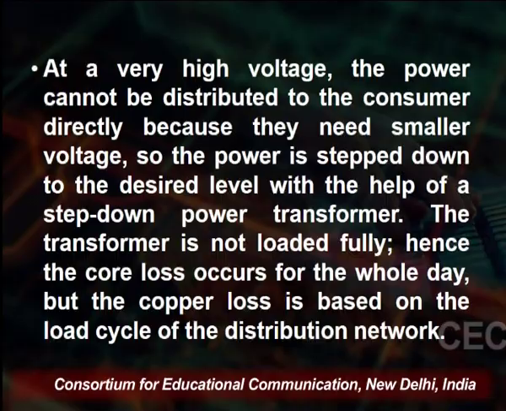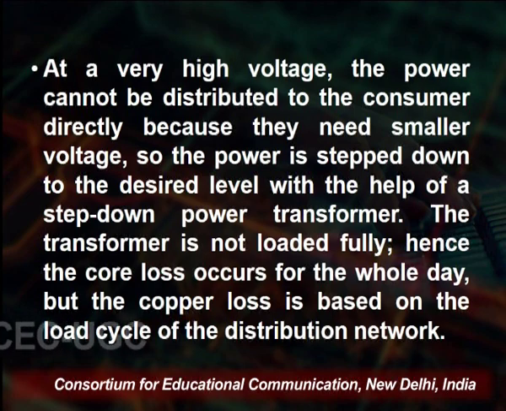The transformer is not loaded fully, hence the core loss occurs for the whole day. But the copper loss is based on the load cycle of the distribution network. Suppose the power transformer is connected to the transmission network. In that case, the load fluctuation will be significantly less as it is not connected directly to the consumer.